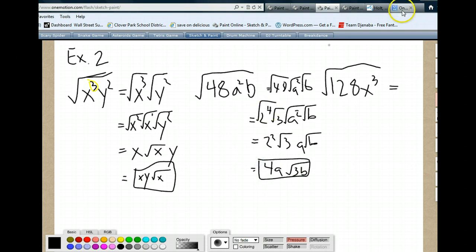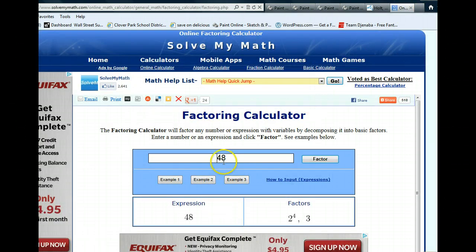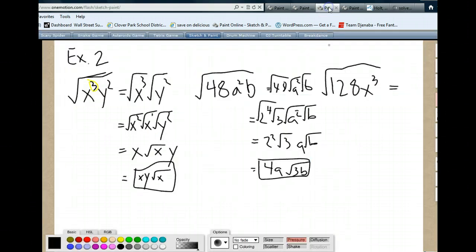And that is my answer. Last but not least, let's check out what 128 is. And I am out of room.